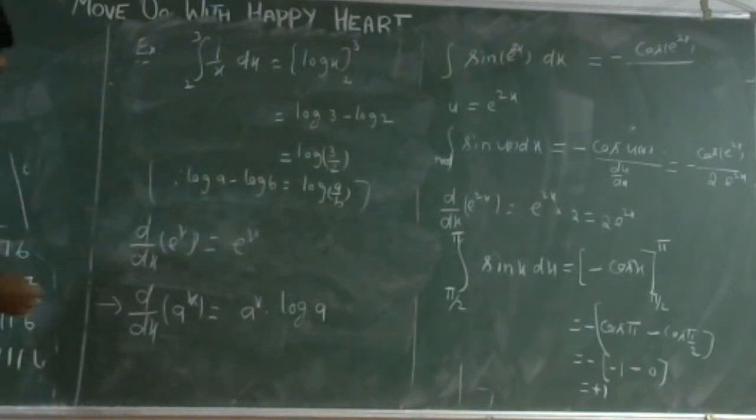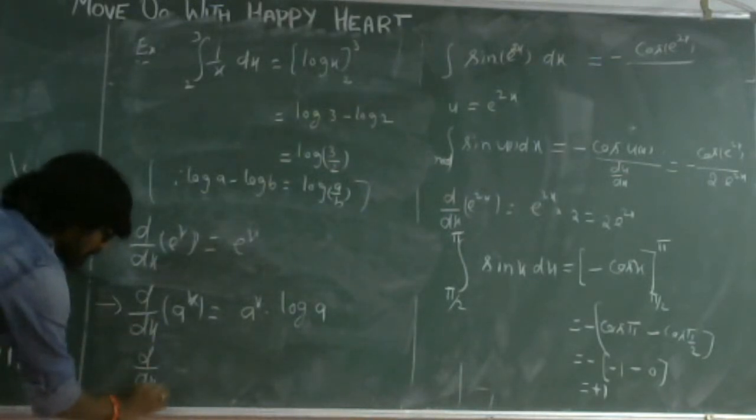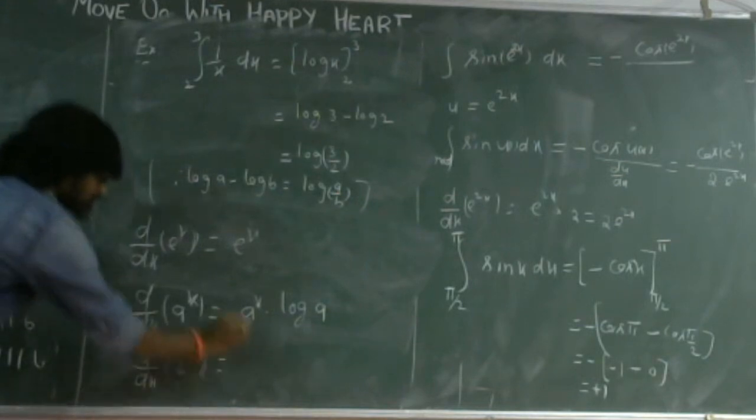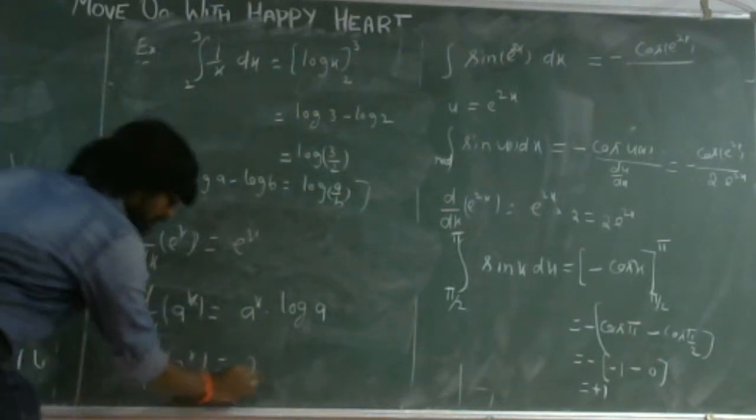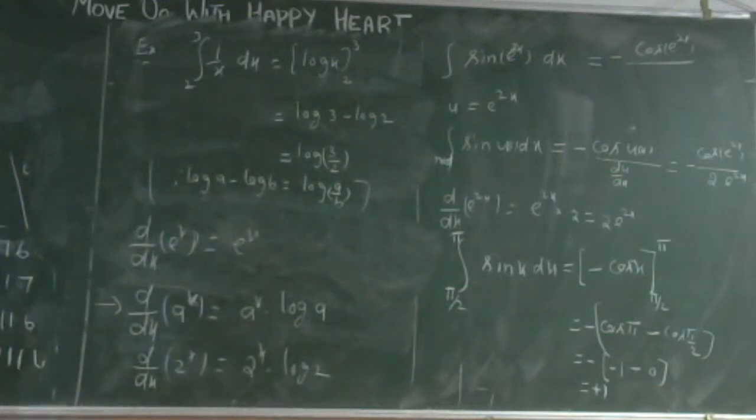Let us take one example based on this. D by dx of 2 power x is equal to what? 2 power x into log 2. But log 2 base e, sometimes you have to remember, especially this you will make use of in 12th standard in the nuclear chapter, for some conversion relation.